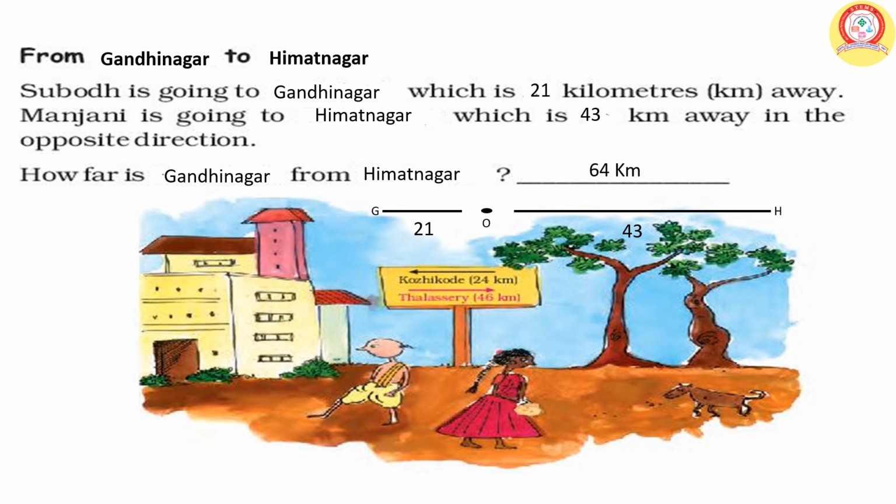For this, children, Subodh is going to Gandhinagar, which is 21 kilometers away from point O. Manjri is going to Himmatnagar, which is 43 kilometers away in the opposite direction to that of Gandhinagar. So Gandhinagar is how much? 64 kilometers away from Himmatnagar. Okay, children?